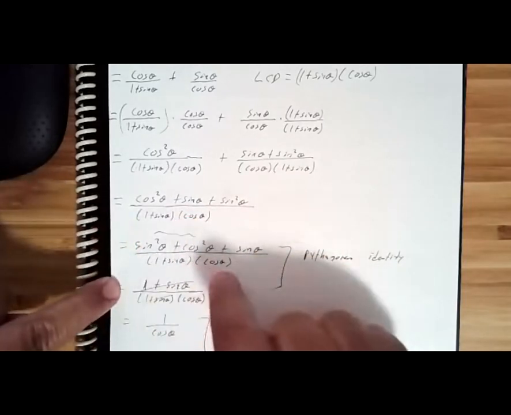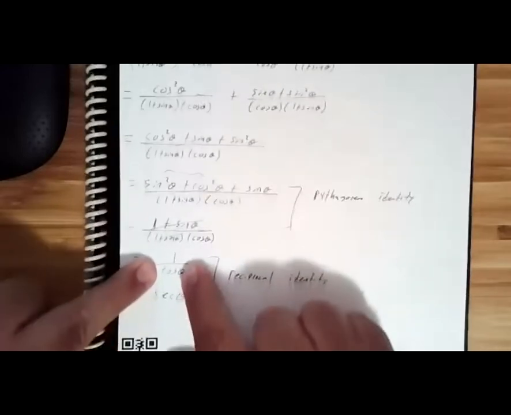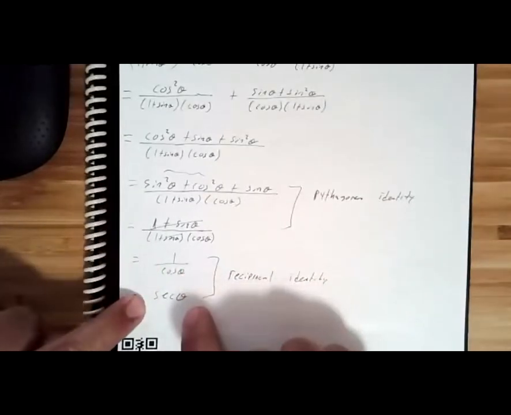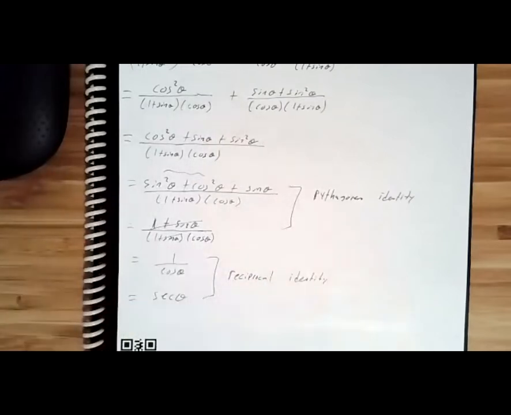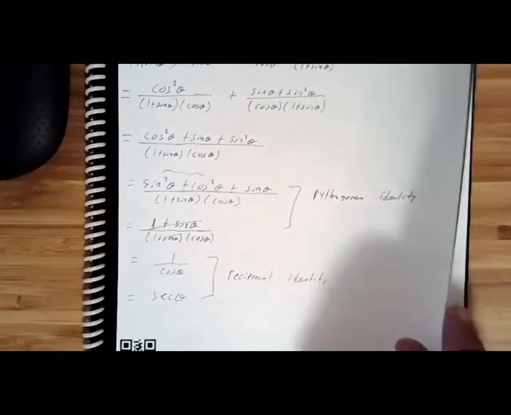Those are gone. 1 over cosine is the only thing left, which is a secant. So adding fractions made all this start to come out. Okay, you guys cool on this page?